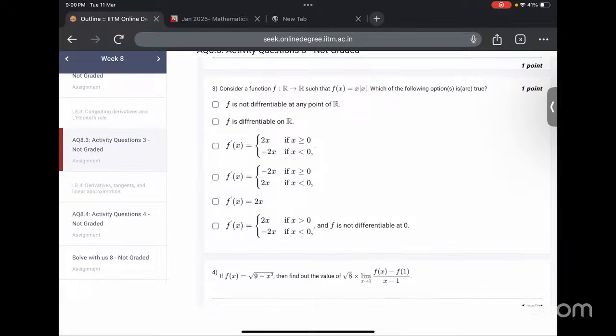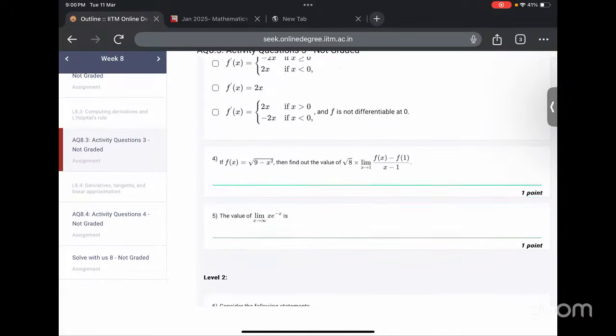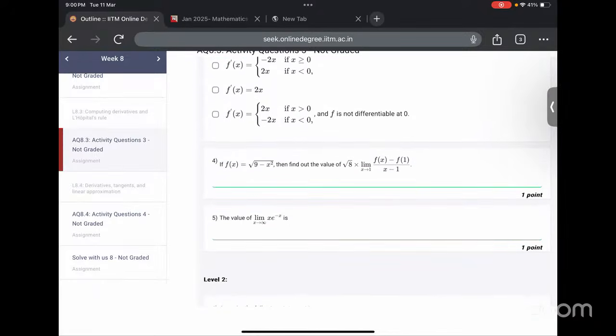What about the fourth one? If we have f equals root over 9 minus x square, then we have to find the value of this one. How can you do it?